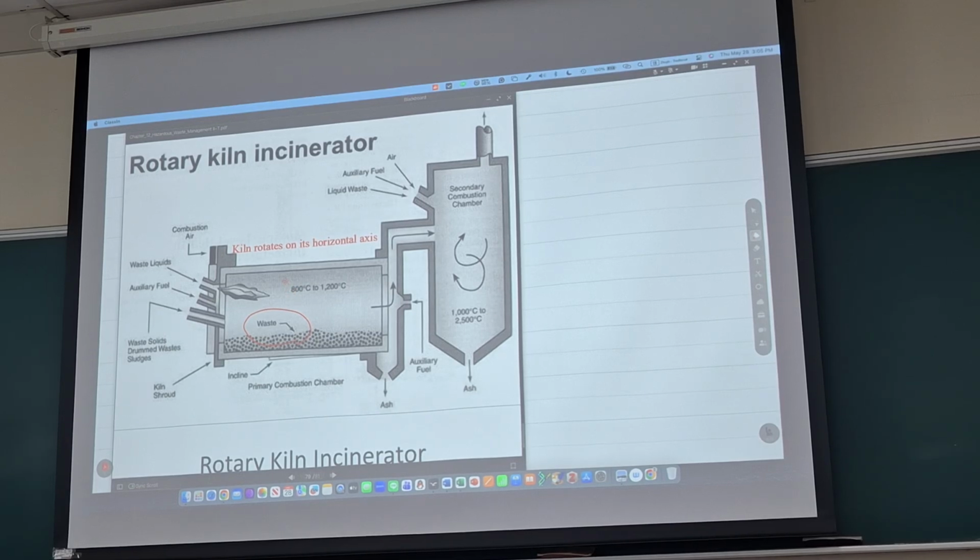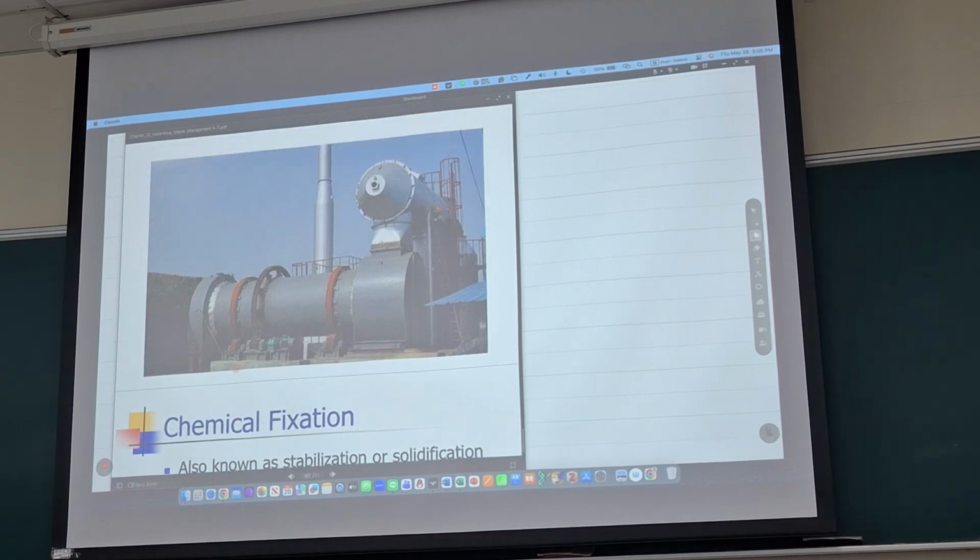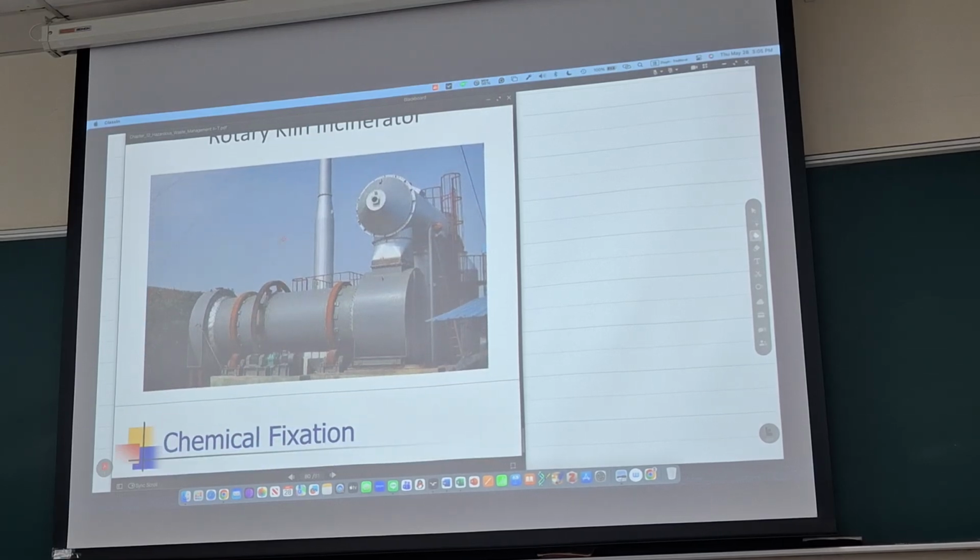The temperature should be maintained around 800 to 1200 degrees Celsius. However, it might be damaged if you change the temperature suddenly. You need to incline this and make it rotate. This is the real picture of the rotary kiln. It's huge, not a small one.